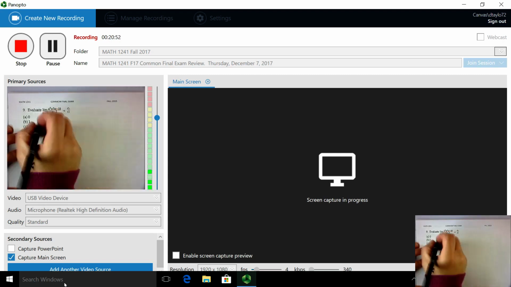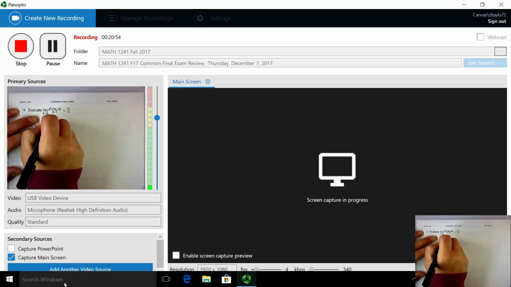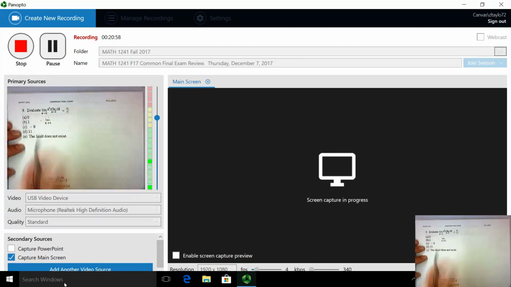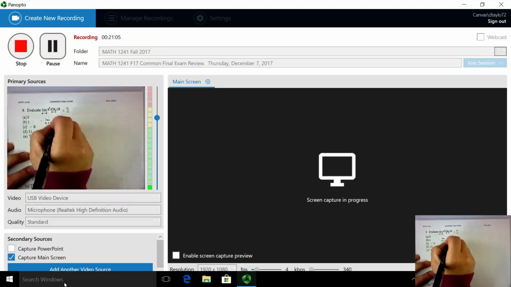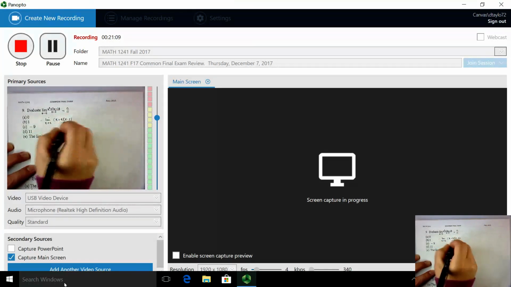So I am identifying here that this is equivalent to the limit as x approaches 2 of x squared plus 7x minus 18, which will factor into x plus 9 times x minus 2, divided by x minus 2.